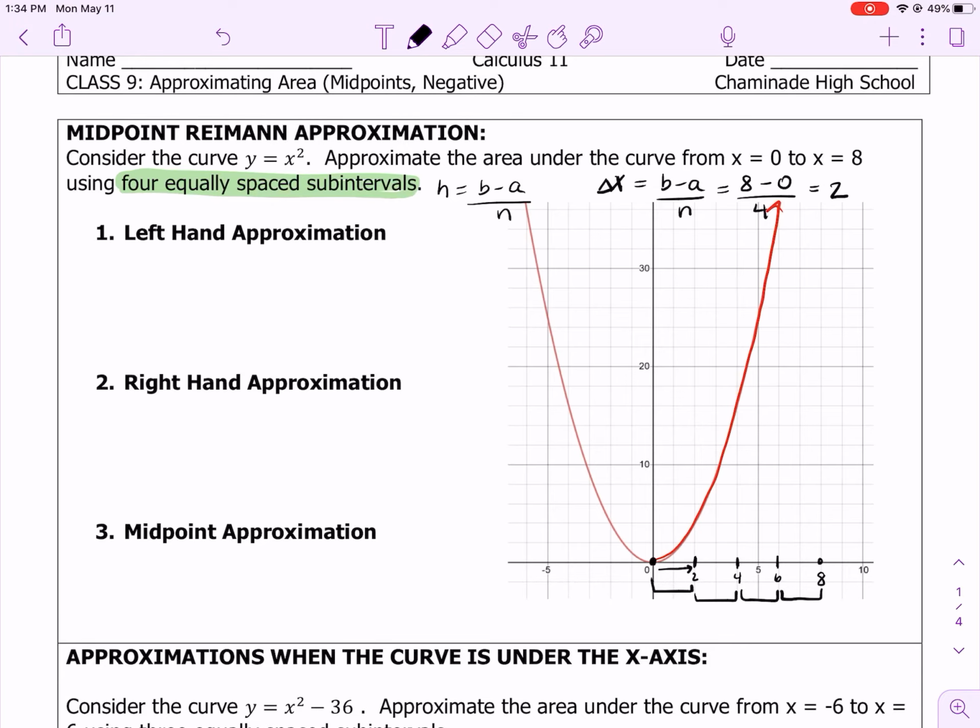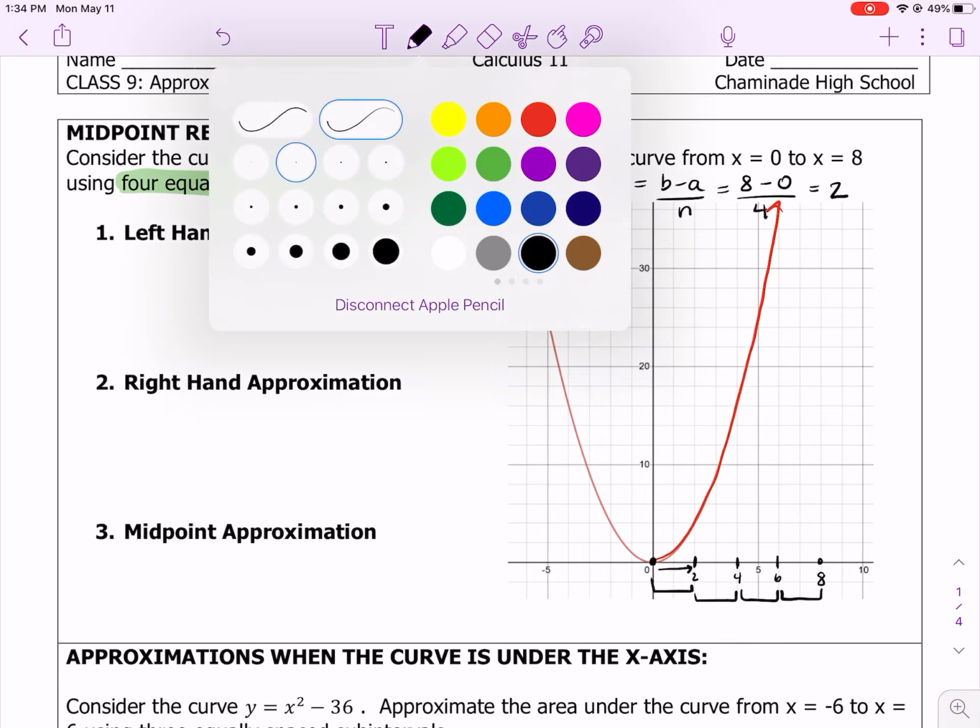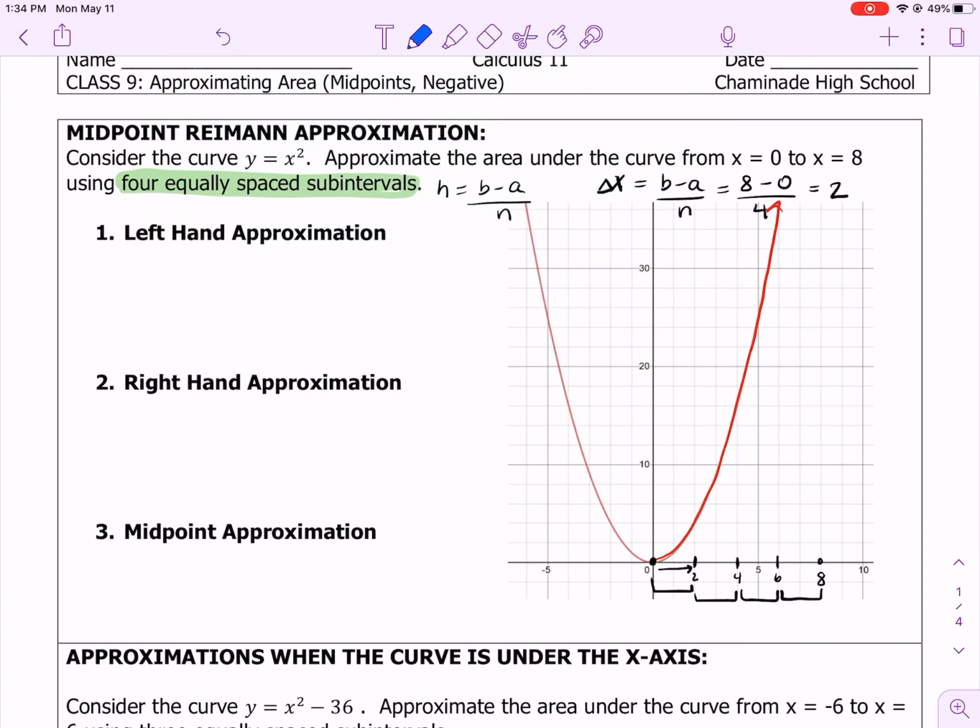If we're doing the first problem here, and we're looking for a left-hand approximation, notice for each of those intervals, we're going to use the x-coordinate from the left-hand side. So if I'm looking for the area under that curve and we want to use a left-hand approximation, notice your first left-hand rectangle is going to use the value of the function from the left, or 0. So here I have delta x times f of 0, or 2 times 0.